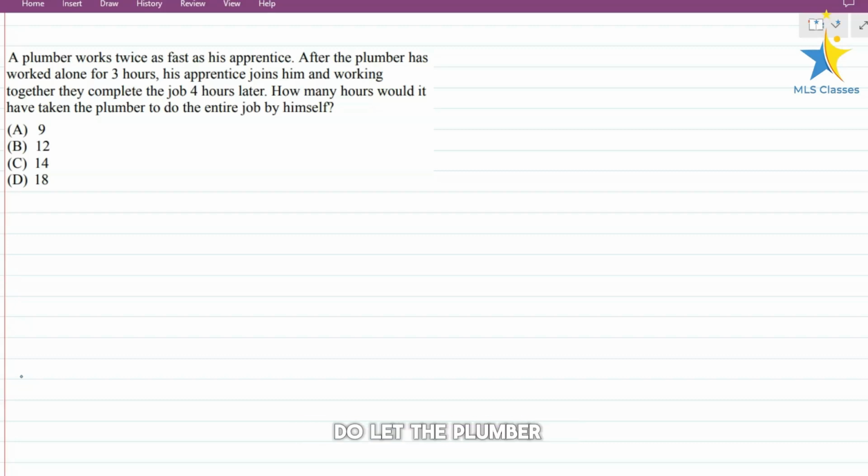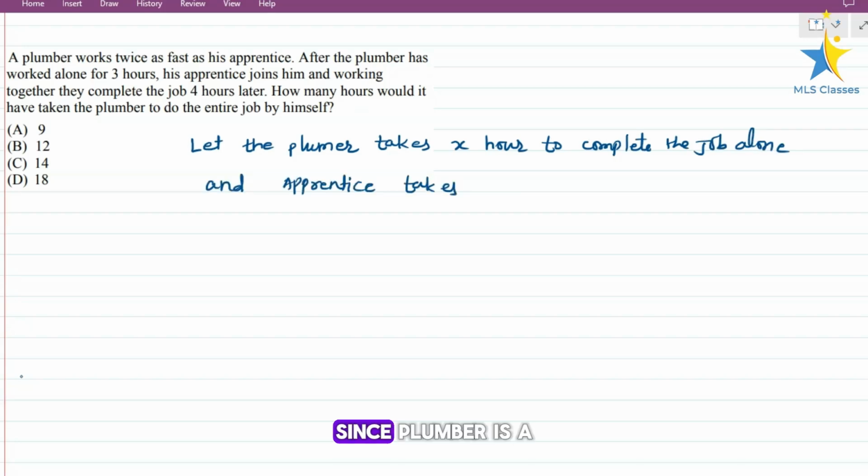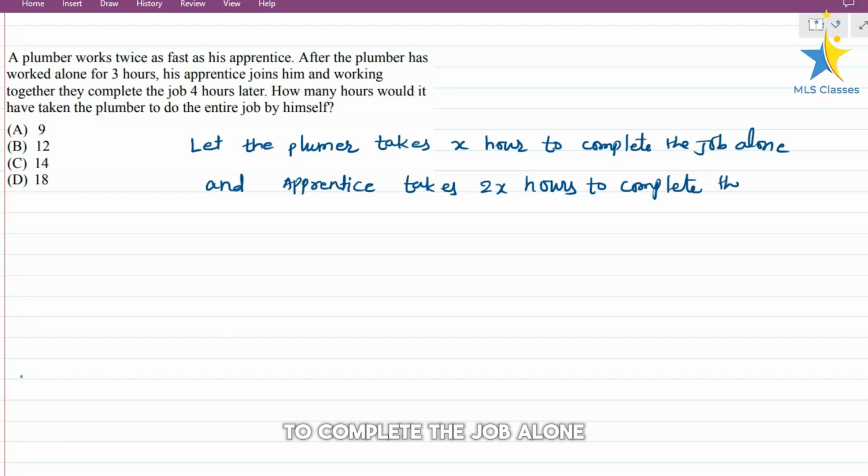So let the plumber take x hours to complete the job alone. Since the plumber works twice as fast as his apprentice, if the plumber is taking x hours, the apprentice will take 2x hours to complete the job alone.